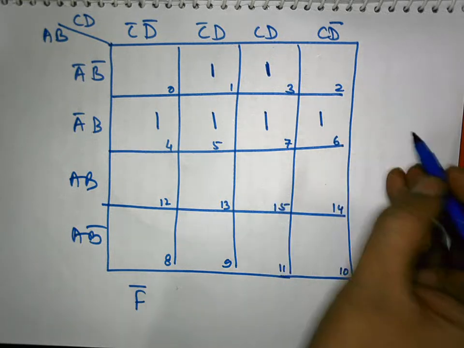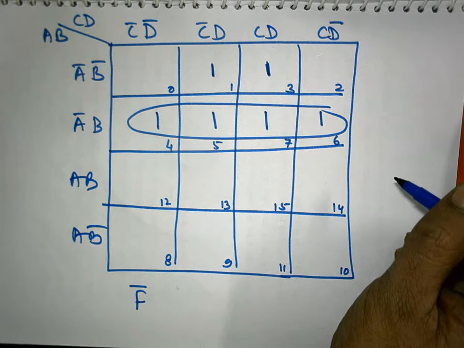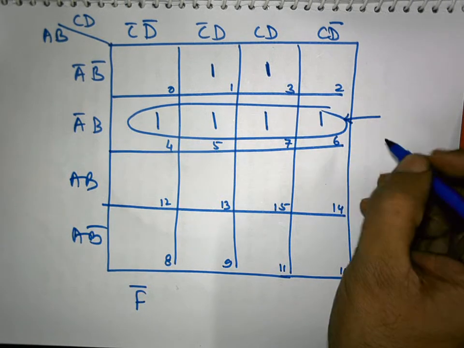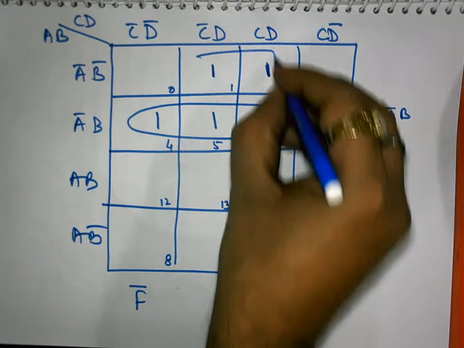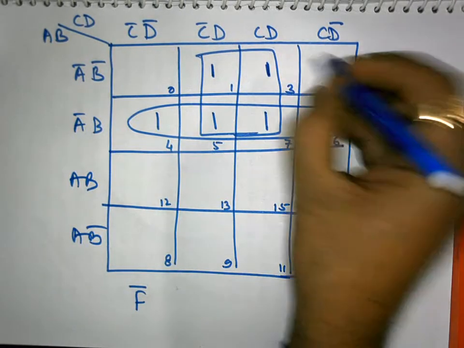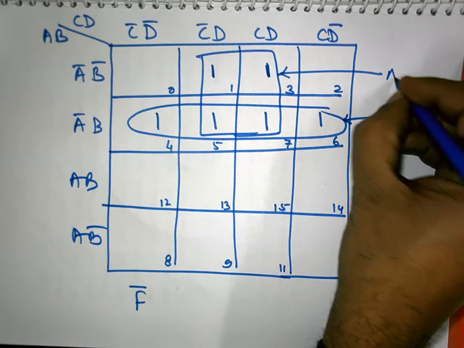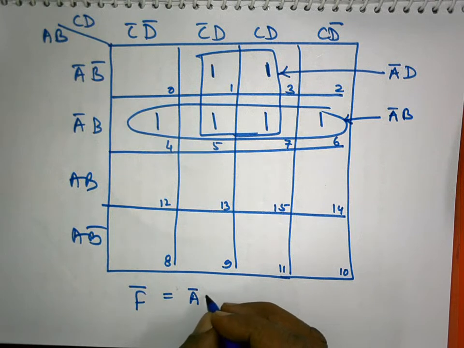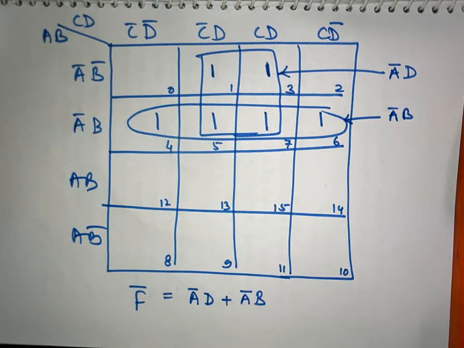Now, what is the way to make groups? This is one of the groups. The term that will come out of it is A bar B, and we will make another group like this. Which term is coming out of it? A bar D. So F bar is A bar D plus A bar B. Is it?